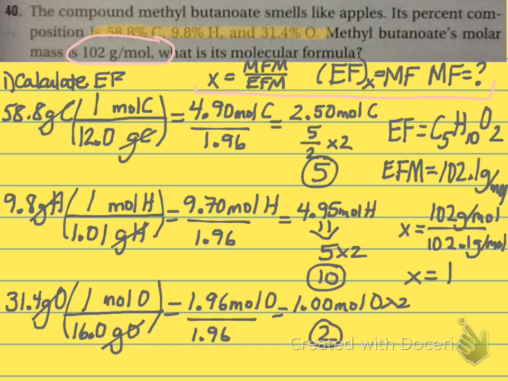What that means is my empirical formula and my molecular formula are the same. So my molecular formula is also C5H10O2. So that's the final answer to this question. So that's an example of how you do an empirical formula and a molecular formula.